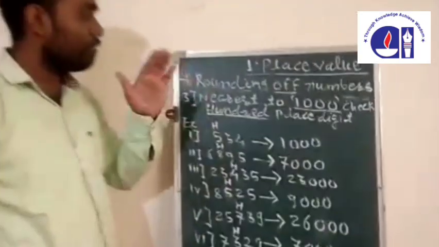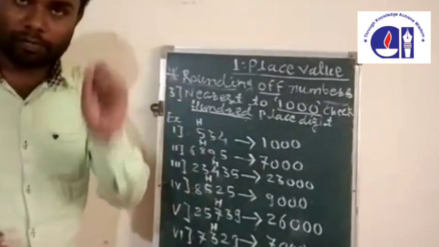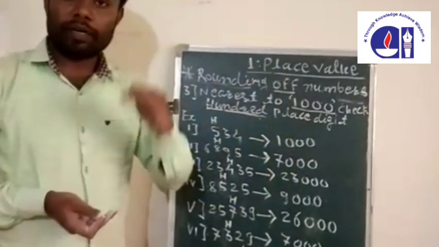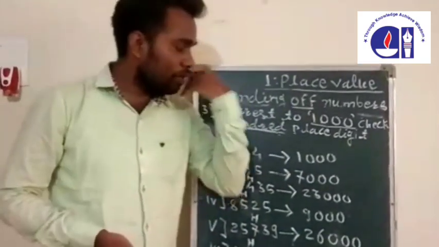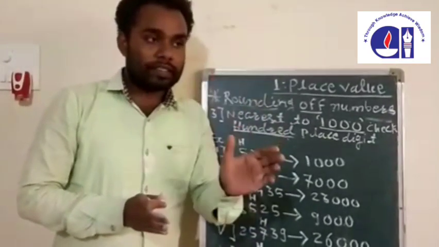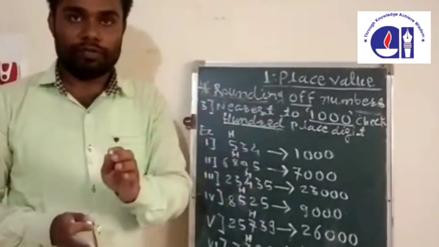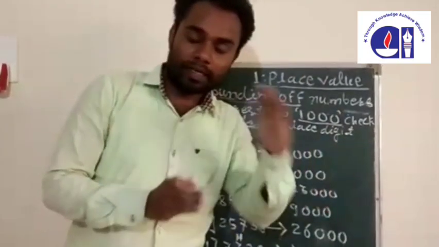So this way we have studied how to round a number to the nearest 10, 100 or 1000. To round to the nearest 10, we check the ones place. To round to the nearest 100, we check the tens place. To round to the nearest 1000, we check the 100 place. If the digit is 0, 1, 2, 3 or 4, we round to the back 10, back 100 or back 1000.